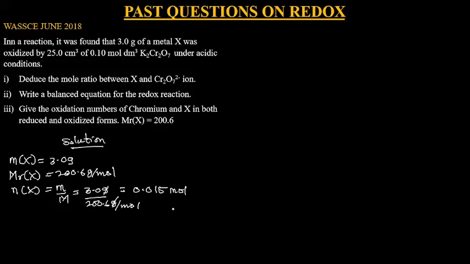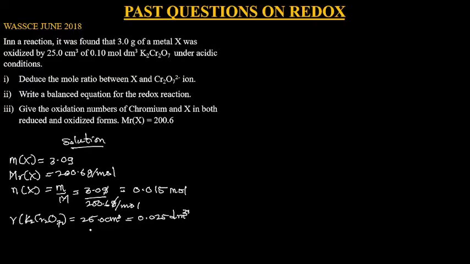Now, we also need to find the mole of chromate because we are trying to deduce the mole ratio between the two. So the volume of potassium chromate, K2Cr2O7, is given to us to be 25.0 cm³, which is equivalent to 0.025 dm³.